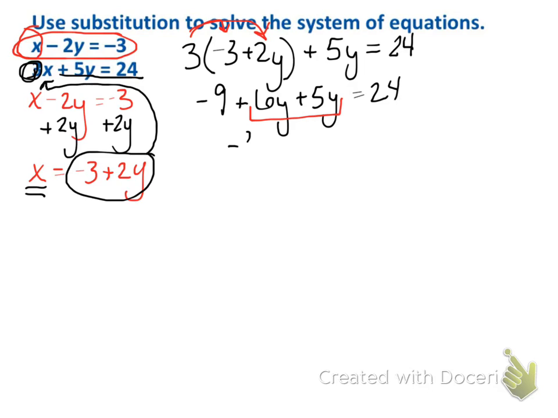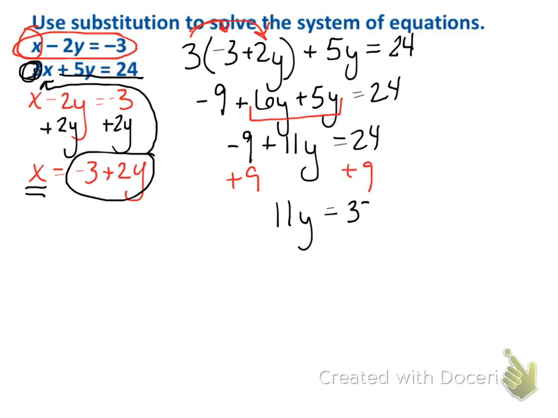Combine like terms. Negative 9 plus 11y equals 24. Add 9 to both sides. And that gives us 11y equals 33. Divide both sides by 11. And y equals 3.